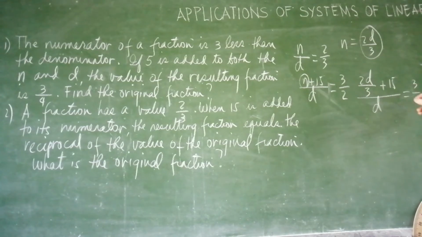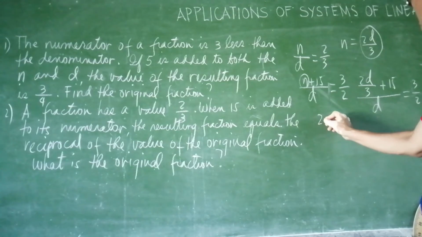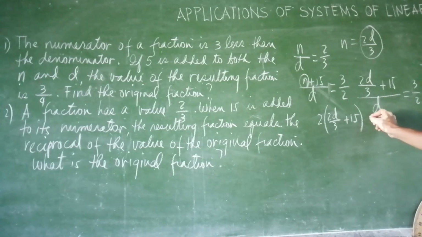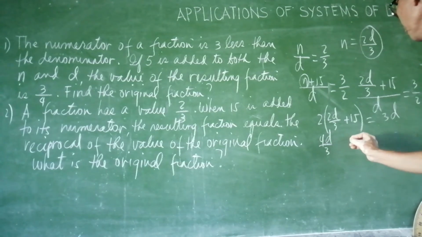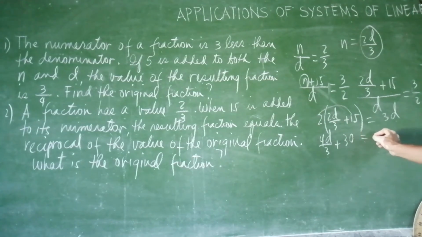So we are going to cross multiply so that it will be 2 times 2d over 3 plus 15 will be equal to 3d. So that will become 4d over 3 plus 30 will be equal to 3d.